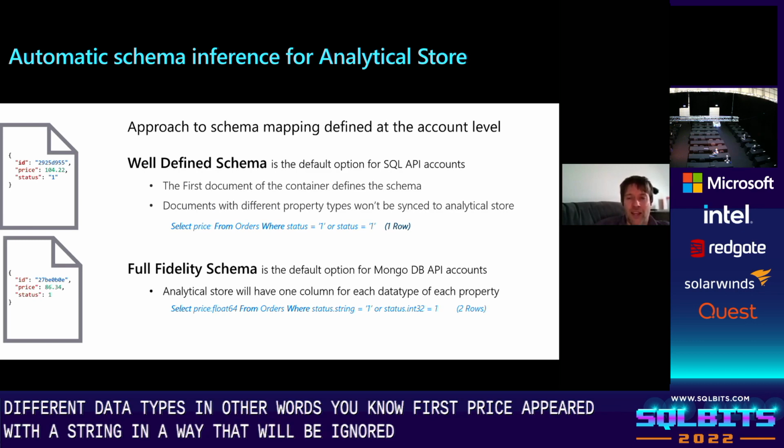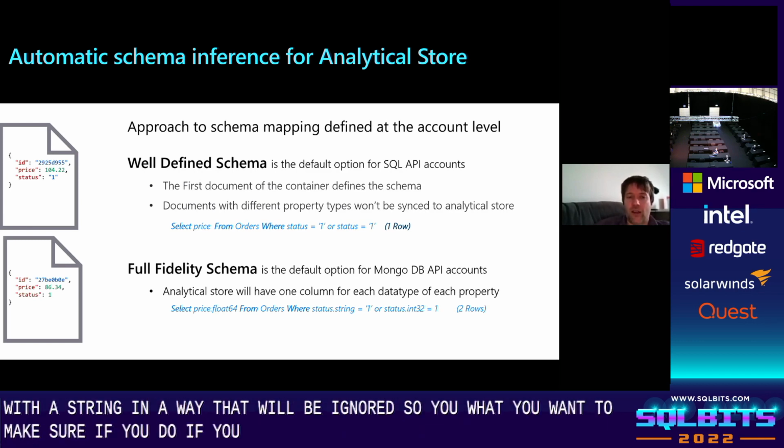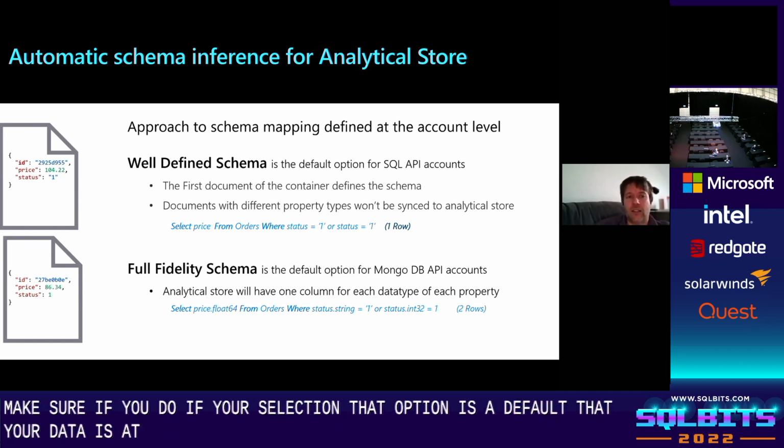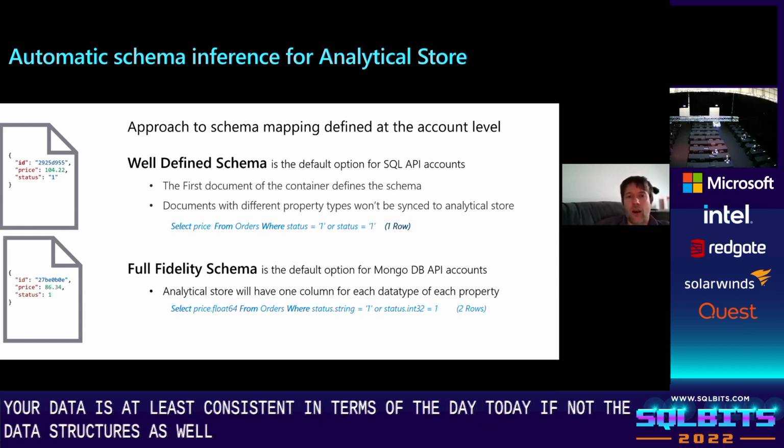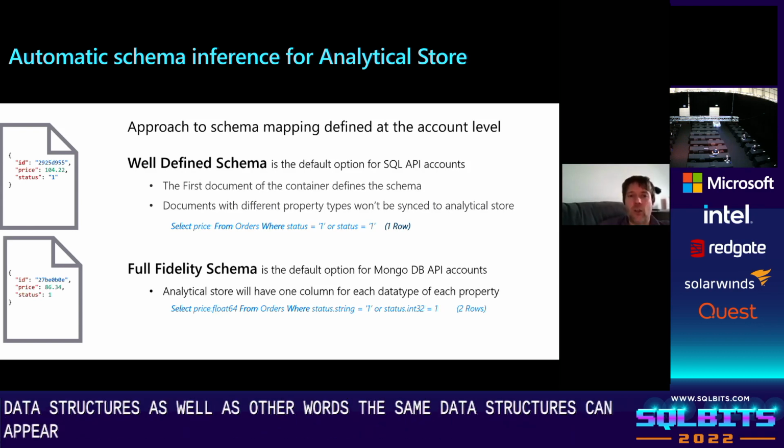So if you're selecting that option as a default, make sure your data is at least consistent in terms of data types, if not the data structures as well. In other words, the same data structures can appear as you had in your first document.